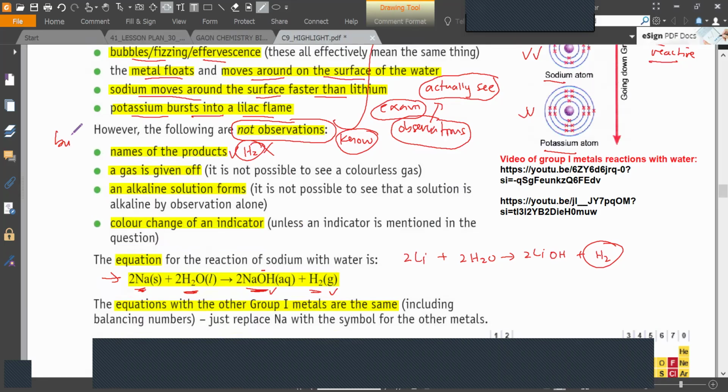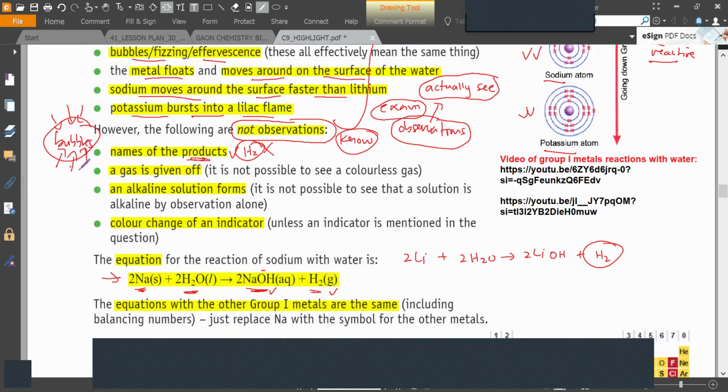We just see bubbles. That's all. Our observation is bubbles. But just by looking at the bubbles, we cannot prove that it's hydrogen. We just can say bubbles.